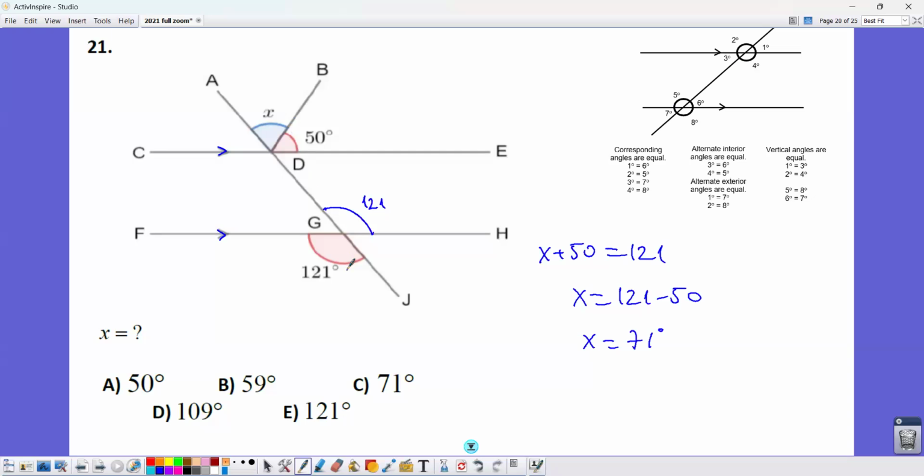Or directly you can say that they are equal without writing here, because they are alternate exterior angles out of the two parallel lines in opposite directions. Also like that you can write directly without finding that this one is 121. And here the answer is C.